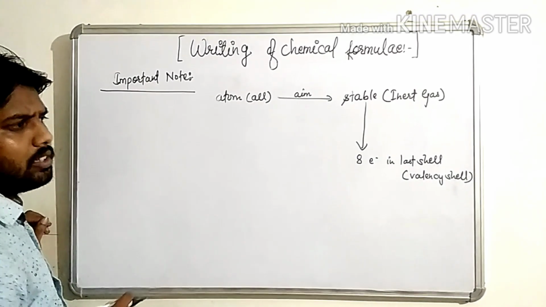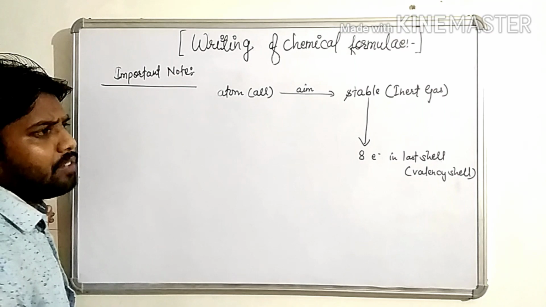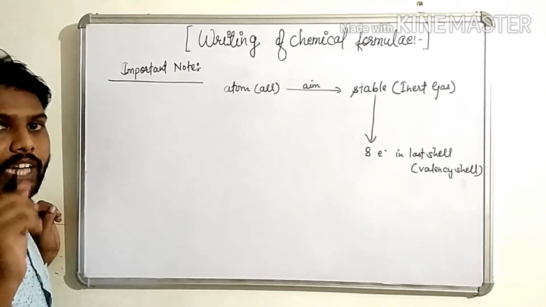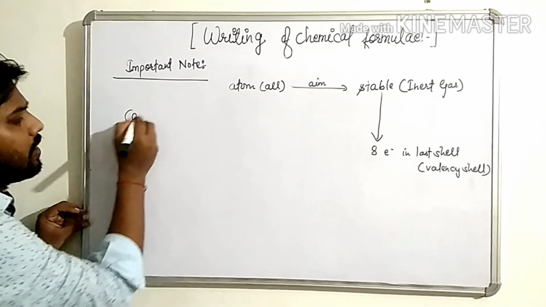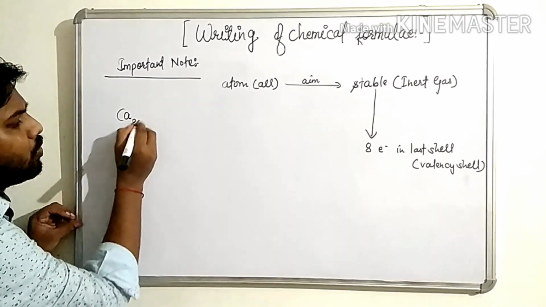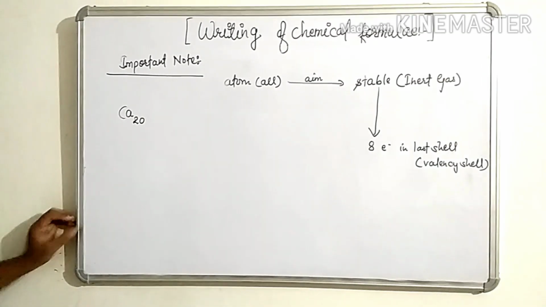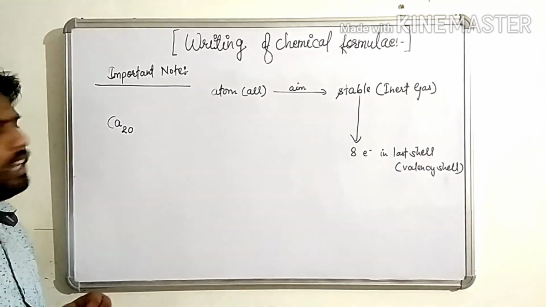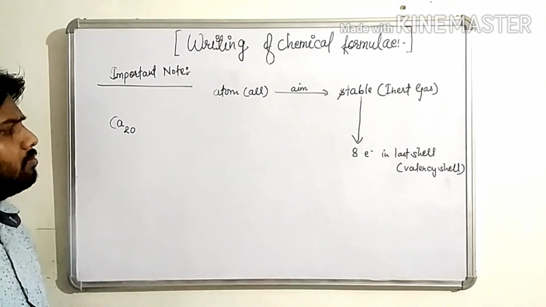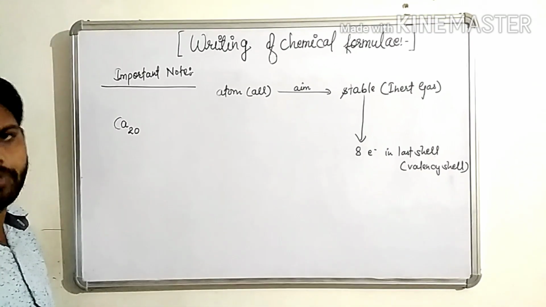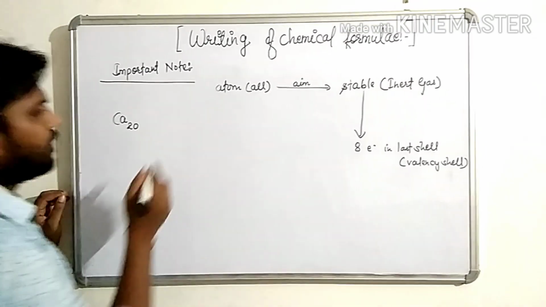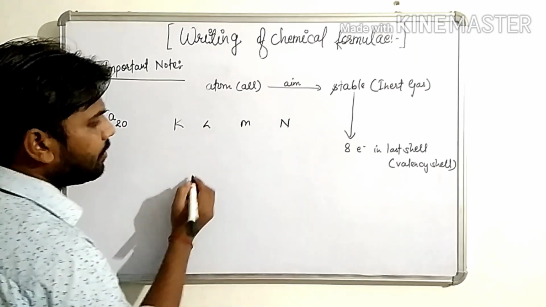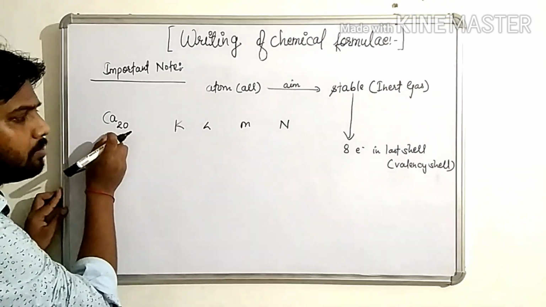For example, sometimes students get confused about the distribution of electrons of calcium. Calcium has atomic number 20. Let's see, children, K, L, M, N. There are 20 electrons in calcium.